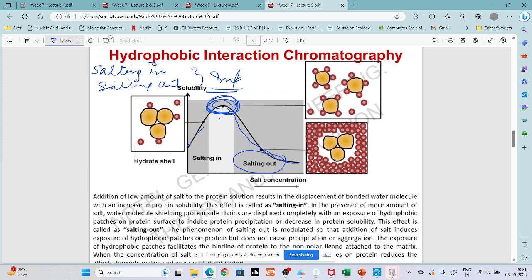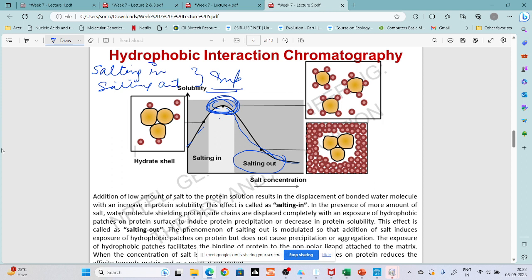So if you have a protein and you start adding salt, the water molecules are getting displaced, and because the water molecules are getting displaced, you have even more area to bind. So initially the protein solubility will increase, but as you start adding more and more salt, not only are the water molecules getting displaced, but also the hydrophilic patches of the proteins start getting displaced.